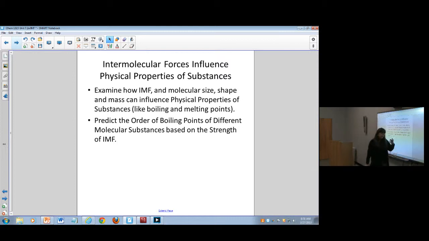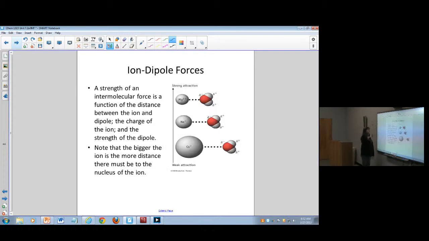Intermolecular forces are very important in things like boiling point, melting point, specific heat, and other physical characteristics. So let's figure out how that works.